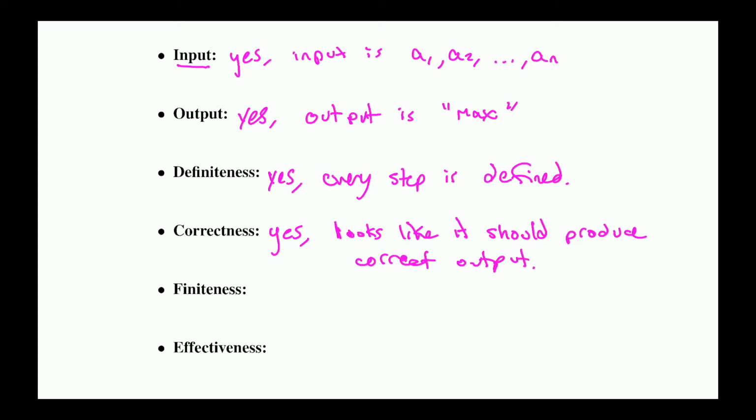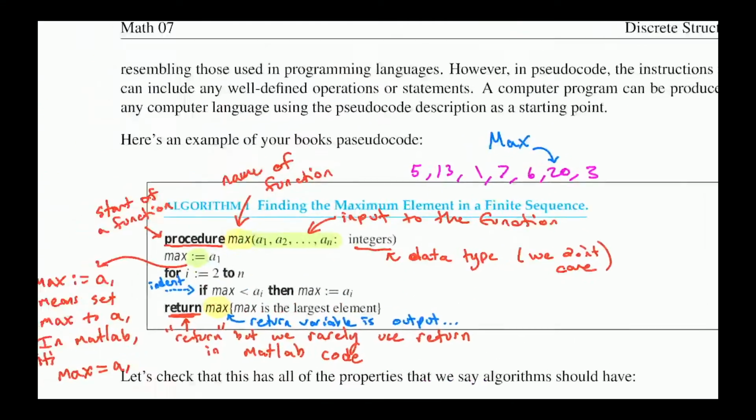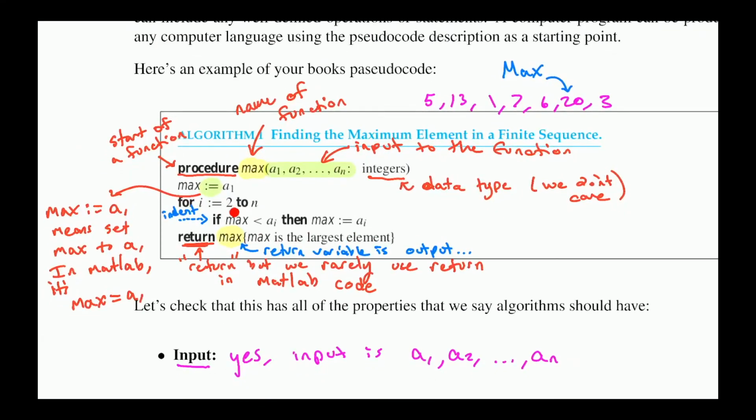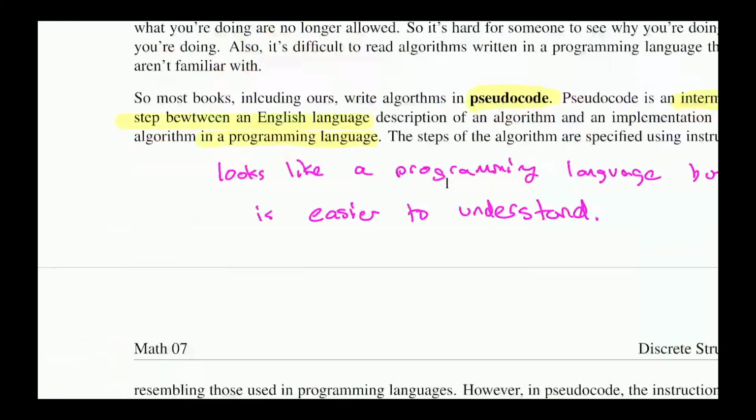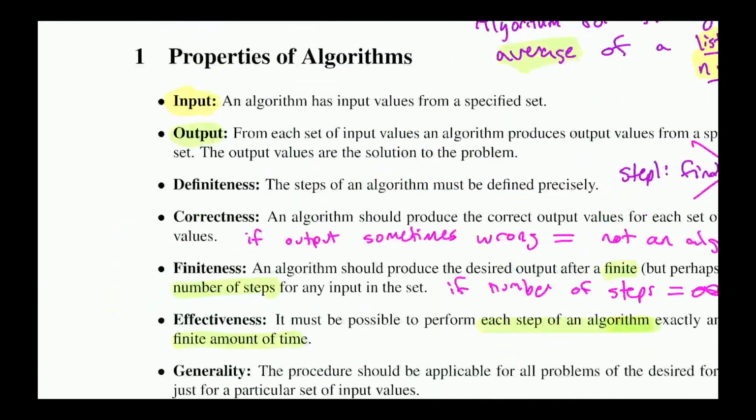Finiteness. Remember the difference between finiteness and effectiveness. Finiteness, I believe, was a finite number of steps. And yes, this has a finite number of steps, right? We're looping from 2 to n. So however big n is, we're just going to go through and do that many steps. So we do have a finite number of steps, which is what finiteness is.